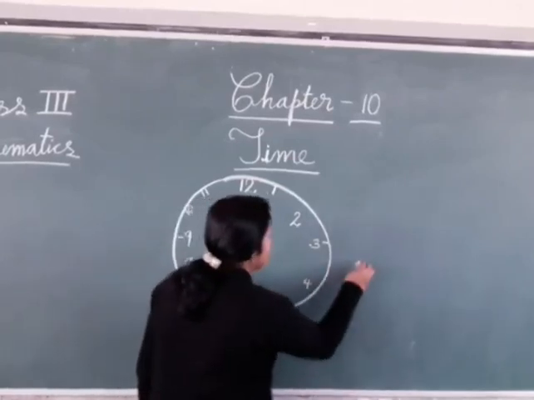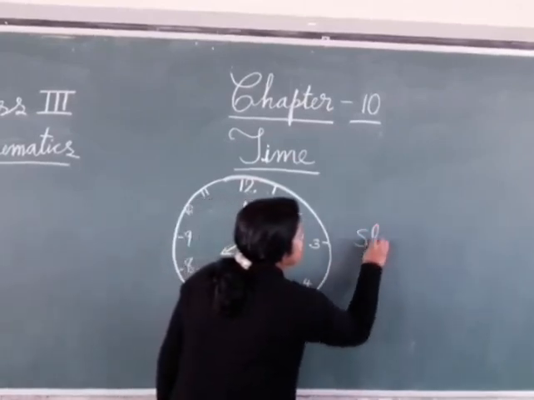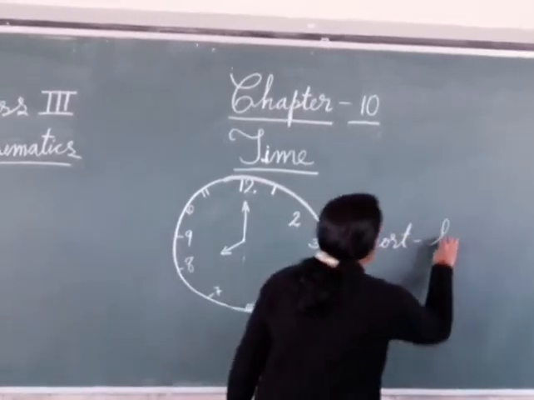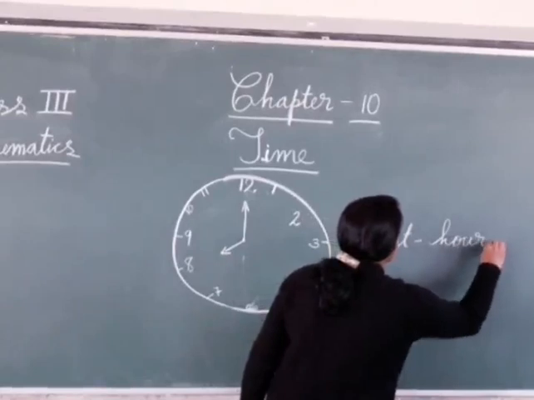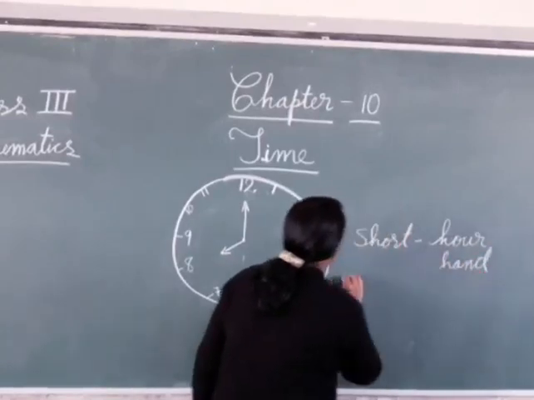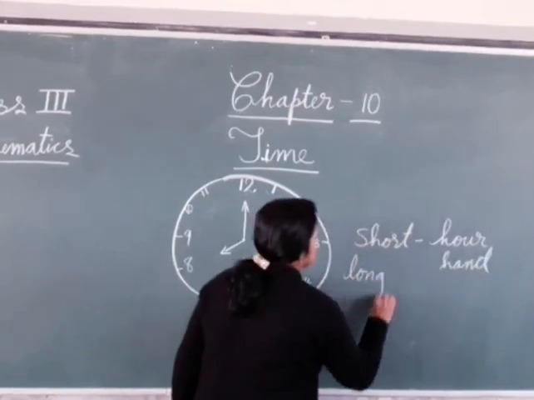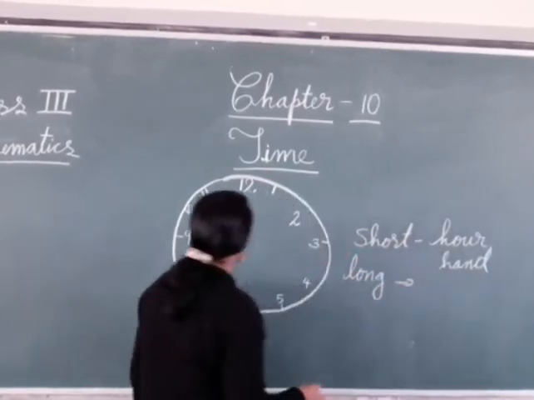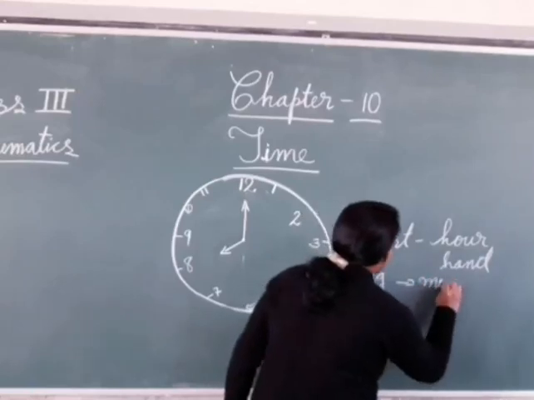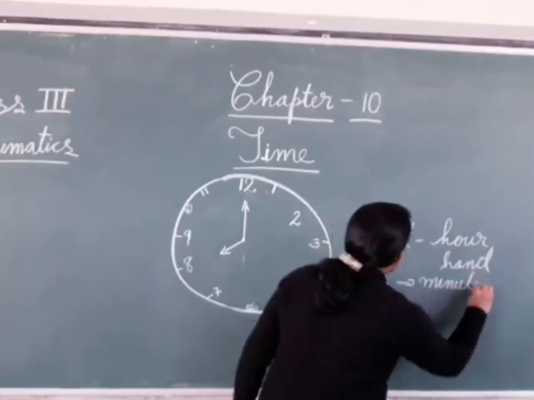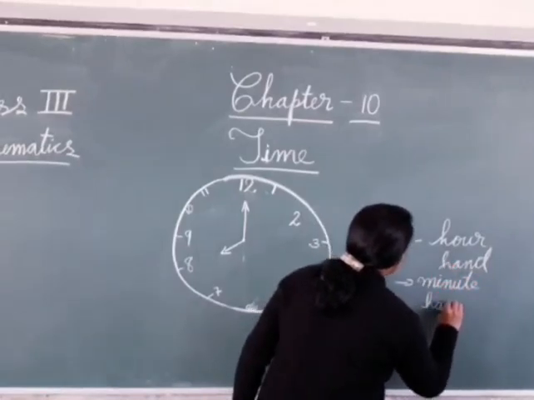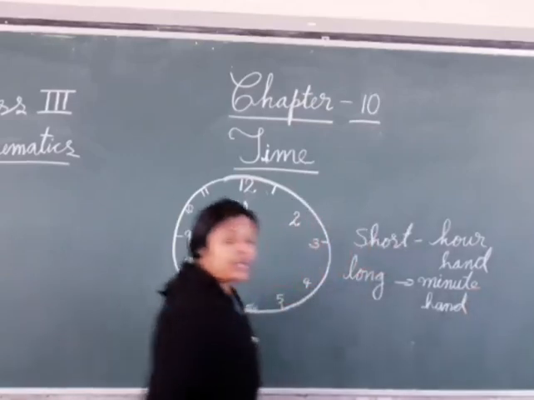The short one is the hour hand, and the long one is called the minute hand.